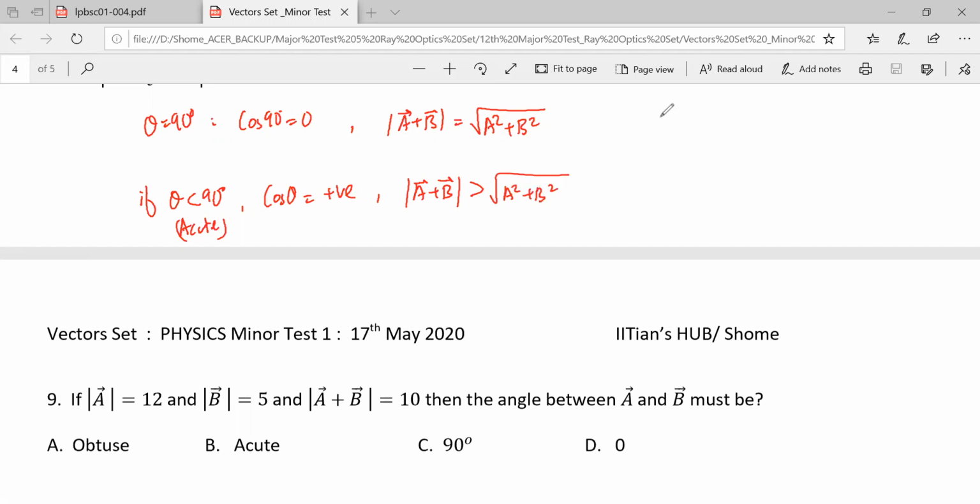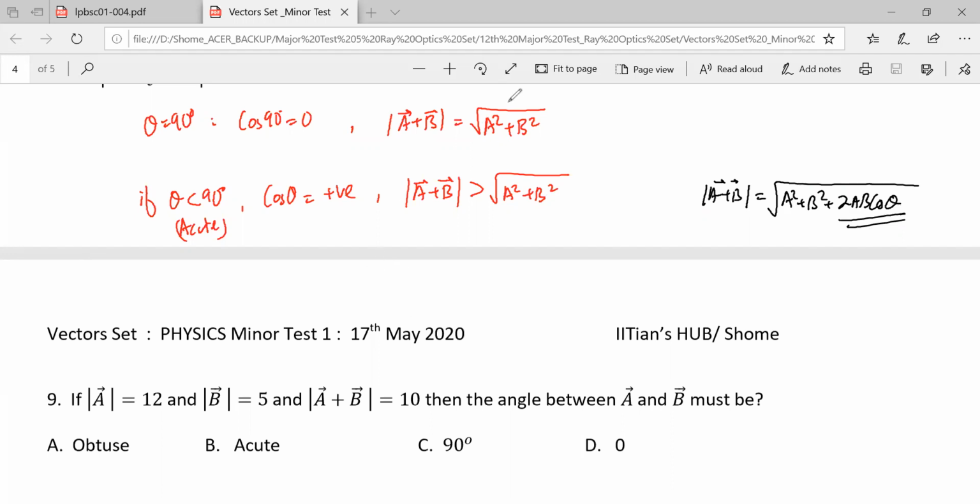Because you know that the formula of mod a plus b is the triangle law formula. So in the case of an acute angle, this term here is a positive term. So if it's positive, this whole thing is greater than root of a square plus b square.